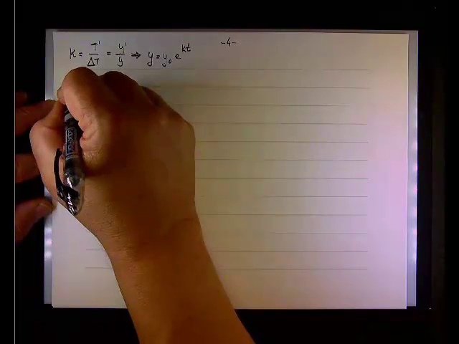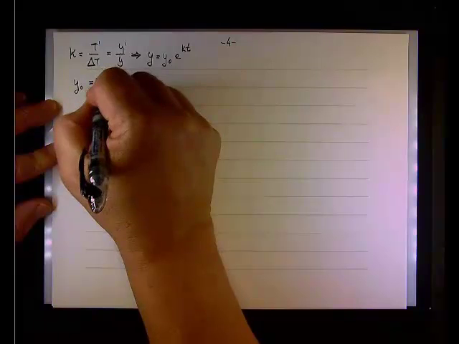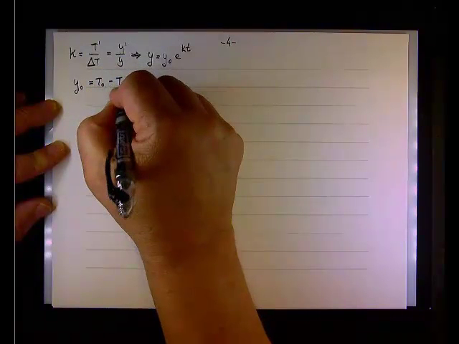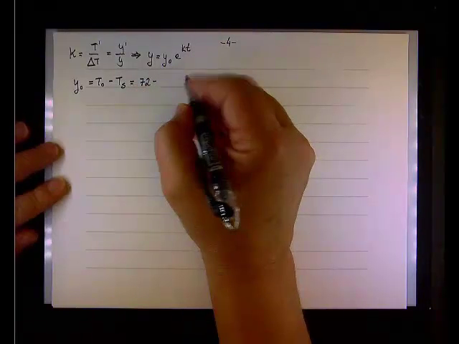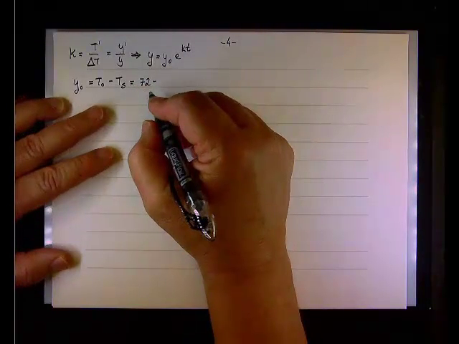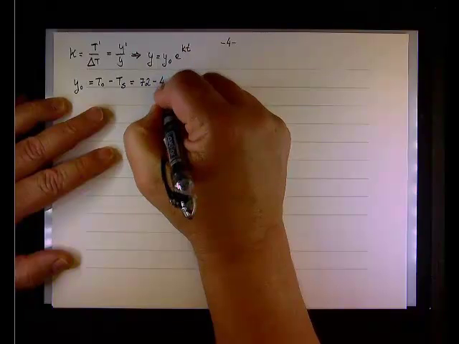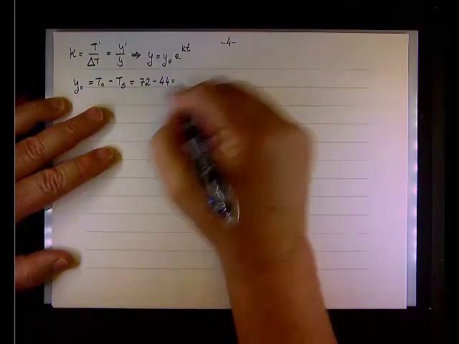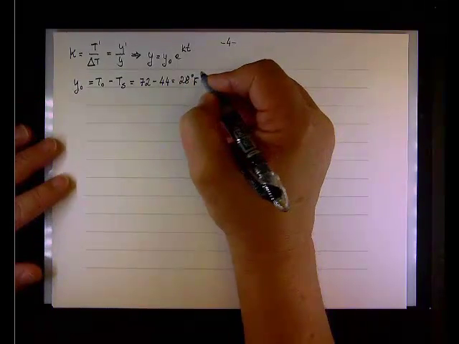So let's see, what is y sub 0? Let's start with that. By definition, y sub 0 will be T sub 0 minus T sub s. T sub 0 is the initial temperature, which was 72 degrees. T sub s is the temperature of the environment inside the refrigerator, which is 44 degrees. So the difference is 28 degrees Fahrenheit.